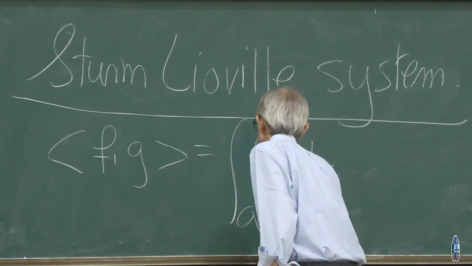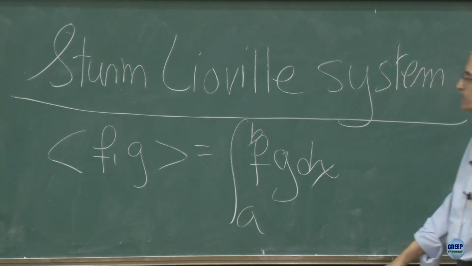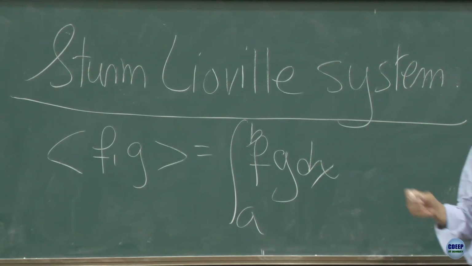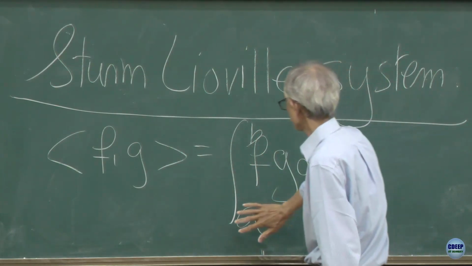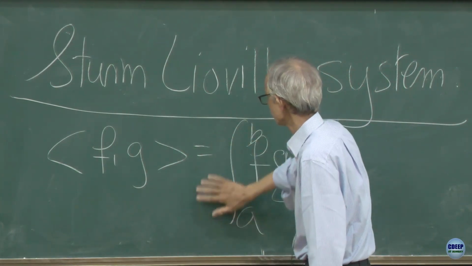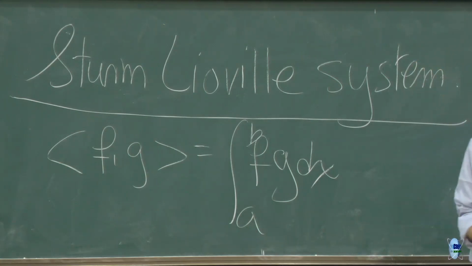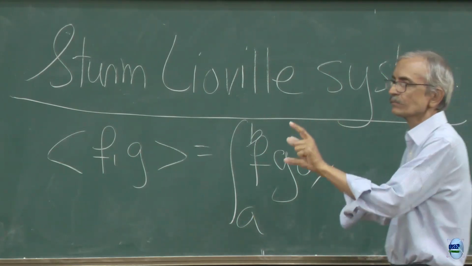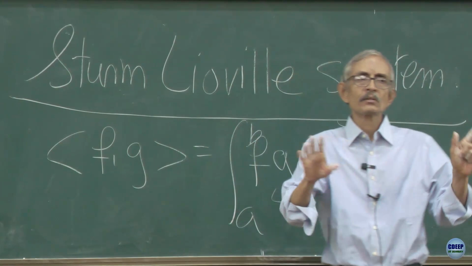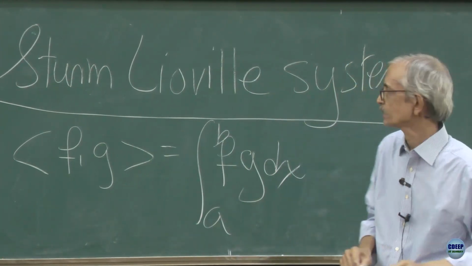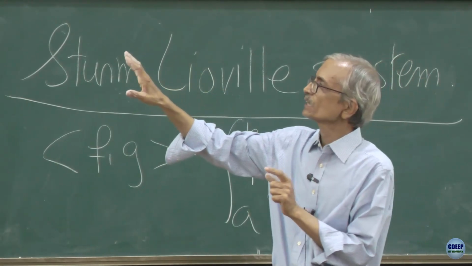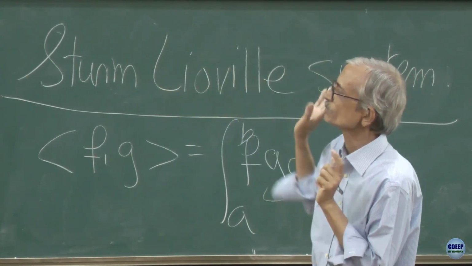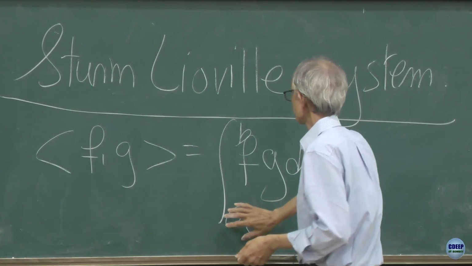This was something that we had said, and when we were looking at the 2 pi periodic space, we said that this was from minus L to L, with 1 by 2L or 1 by L, depending on whether we were in the complex domain or the trig domain. But here we are going to define it as just the integral of f times g with some limits.